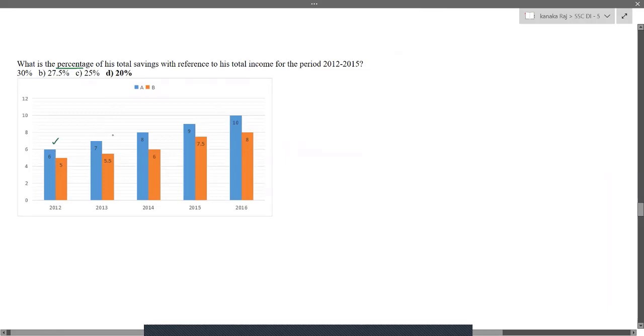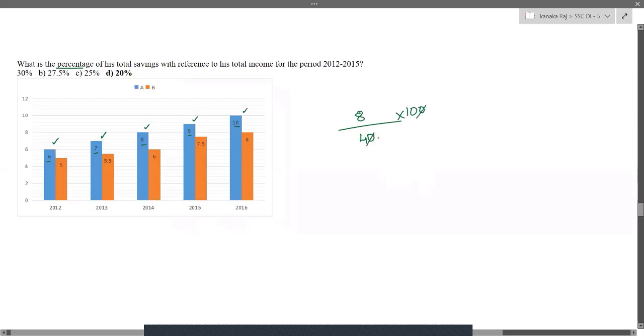He's saving 1 lakh in 2012, 1.5, 2.5, 2, 4.5, 6, 8. He is saving 8 lakhs divided by his total income. What is his total income? 6 plus 7 gives me 13 plus 8, 21 plus 9, 30 plus 10, 40. Sorry, it is 40 lakhs into 100.